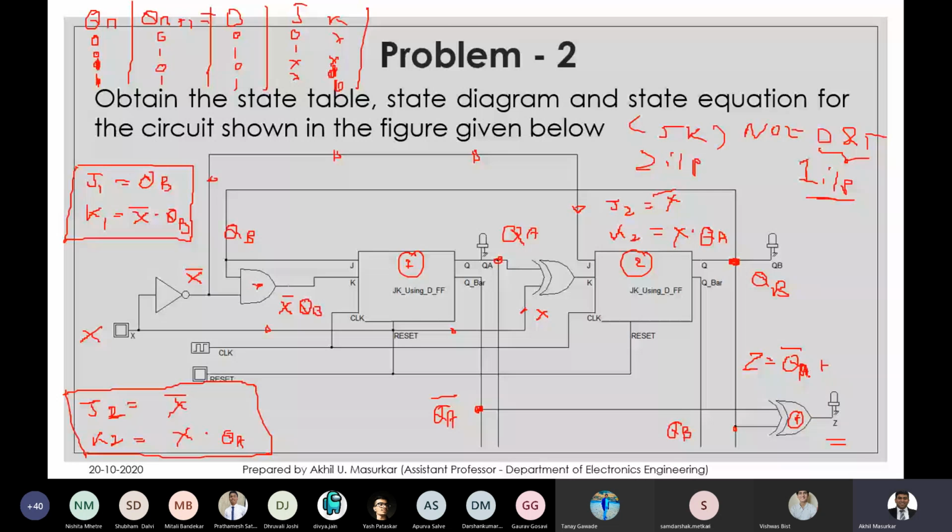This is QA bar XOR QB. So that gives me my third equation. And you should also see that the clock goes simultaneously to both the flip-flops, and that is why this circuit is basically a synchronous circuit.